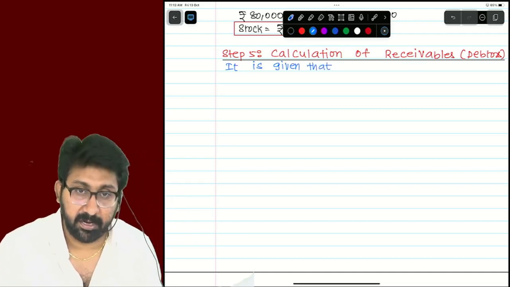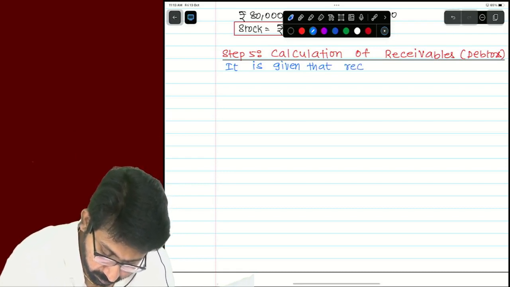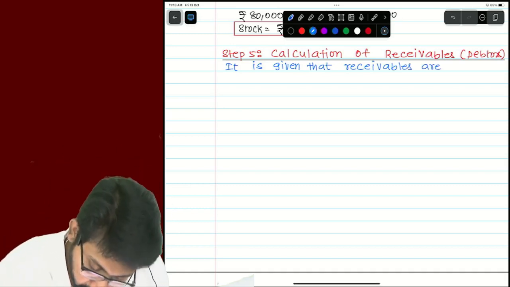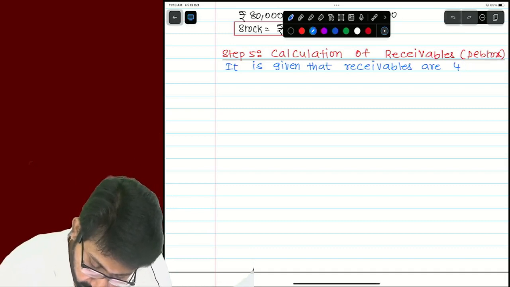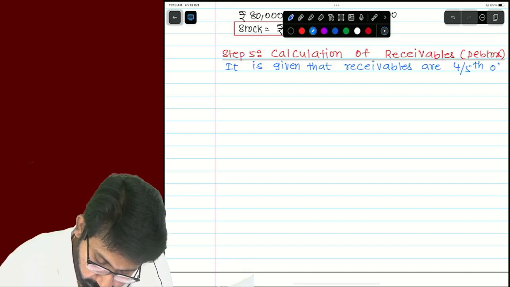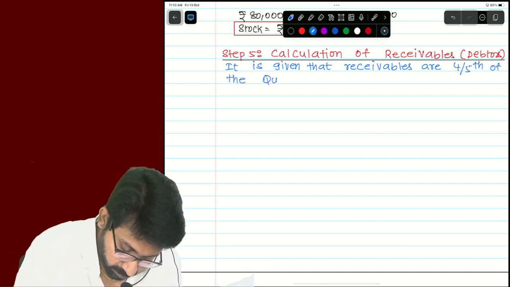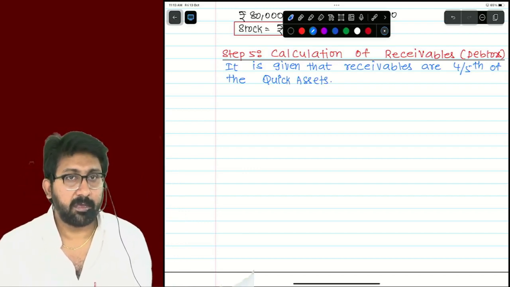It is given that receivables are four-fifth of the quick assets. 4/5 of the quick assets.